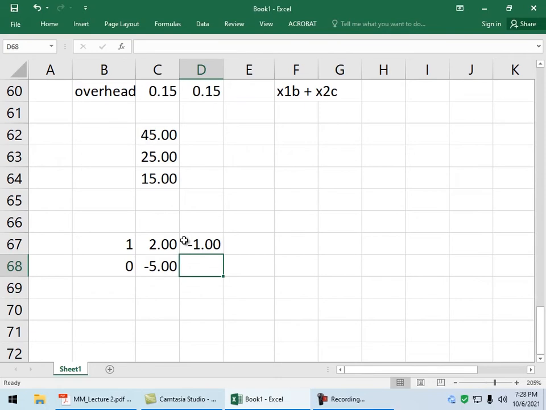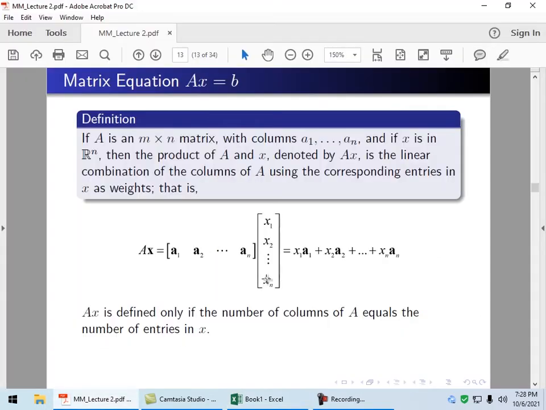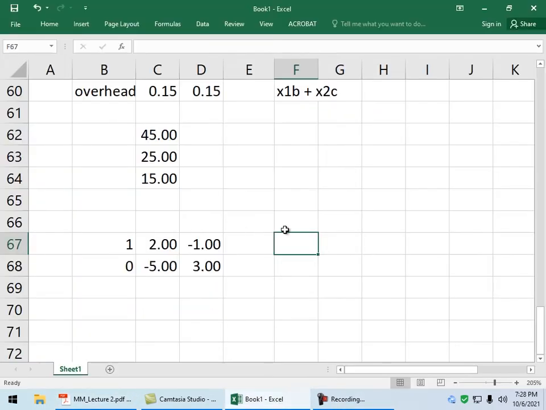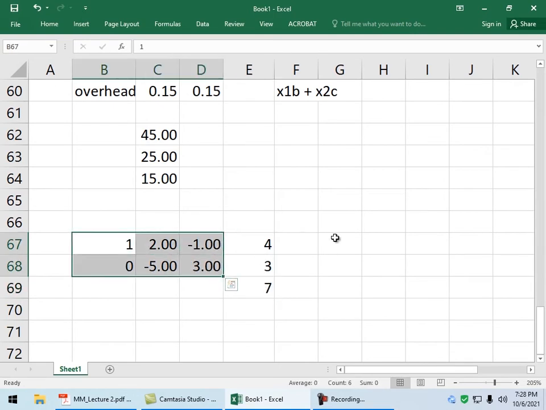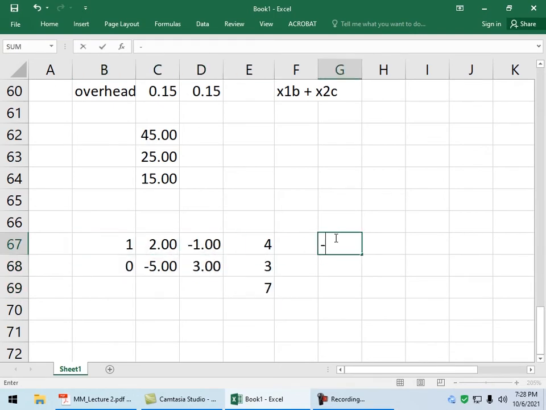And our x values, this column placed over here to the right: 4, 3, and 7. So this is the column, and this is our matrix. We can rephrase the definition, the matrix times x, as a linear combination.